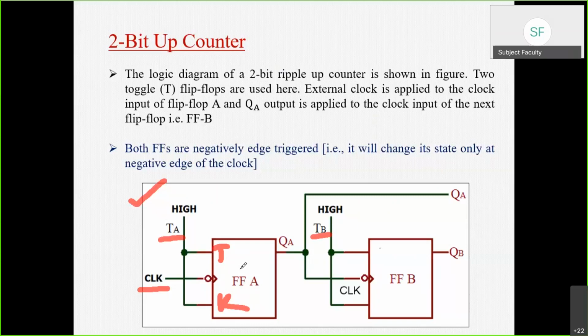I have already told you, if you have to identify whether a counter is synchronous or asynchronous, you will first observe the clock inputs of all the flip-flops. Here it is the first clock input and here it is the second clock input. Now tell me one thing, are these two clock inputs connected together or not? What are your observations? Just let me know.